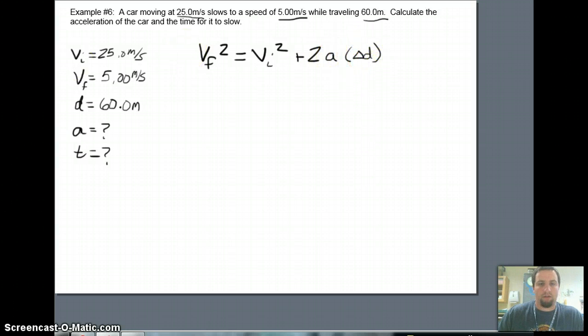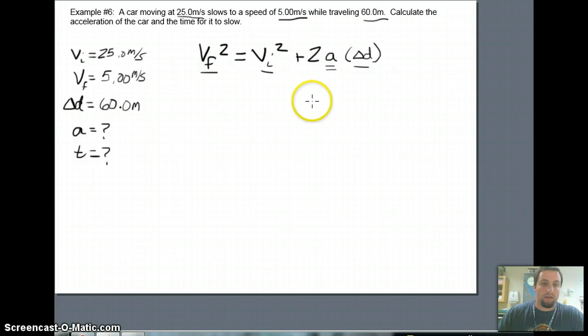This displacement would be this distance. We're using the terms as synonyms right now. In this equation we have VF, we have VI, we're solving for A, and we have a distance or displacement.